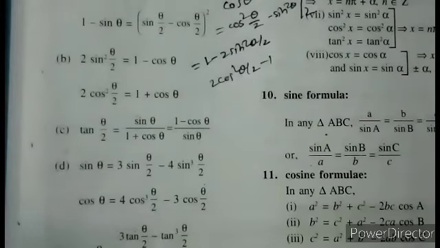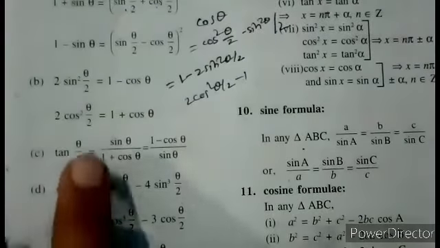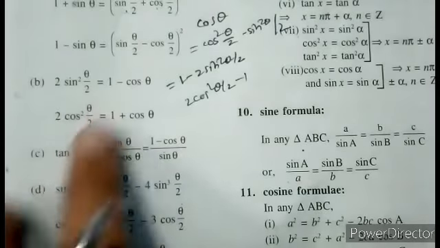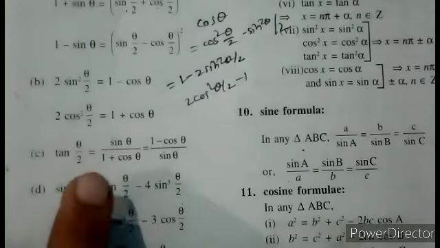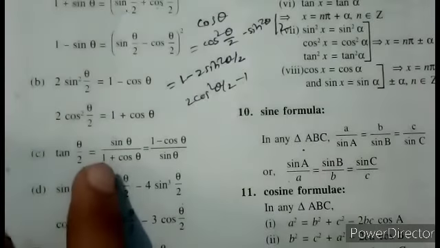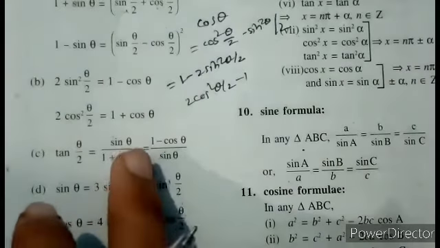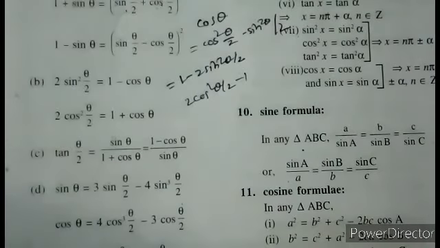If sin theta is in the upper part, then the lower part is 1 plus cos theta, and if the lower part is sin theta, then the upper part is 1 minus cos theta. Only this is the difference.